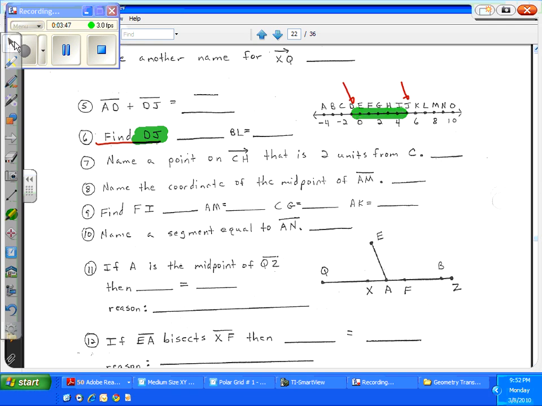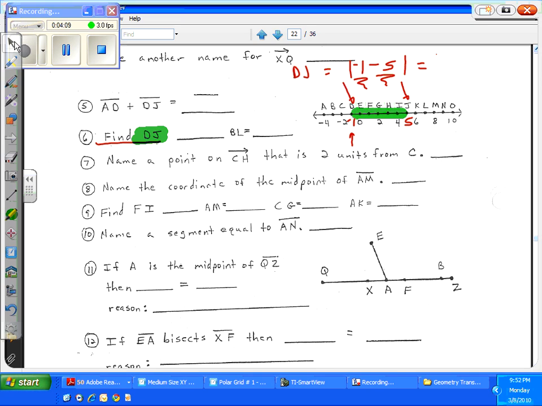Well, to find that, you're going to take the absolute value of the difference of the coordinates of point D and J. Now, point D would be at -1 and point J would be at 5, so it would be the absolute value of the difference of -1 and 5.